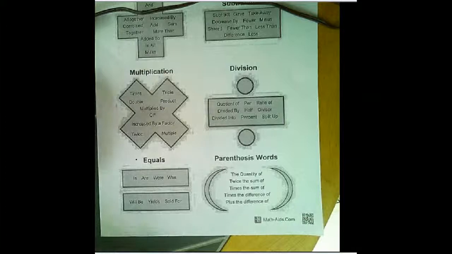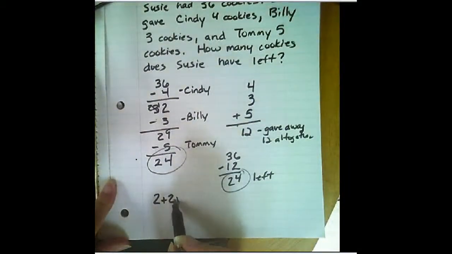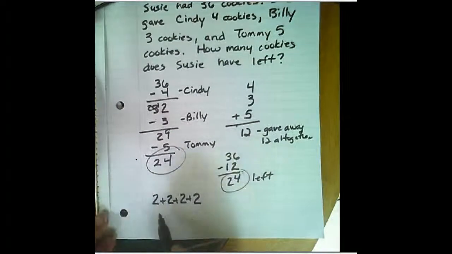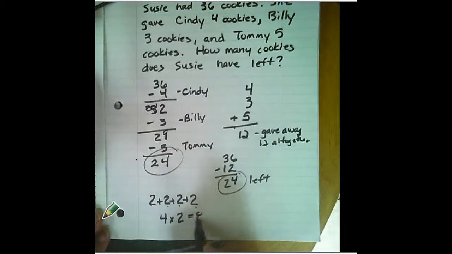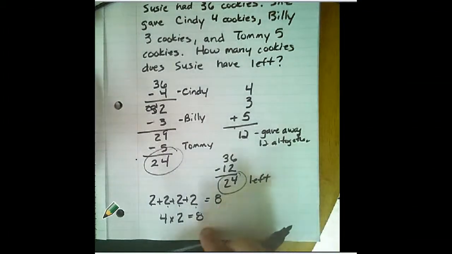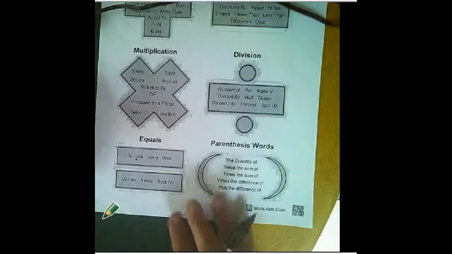Or I could say there's 1, 2, 3, 4 2's, and 4 times 2 is 8. 2 plus 2 plus 2 plus 2 is 8. So repeated addition is the same thing as multiplication. So if you are ever adding a bunch of the same number, you can use multiplication.